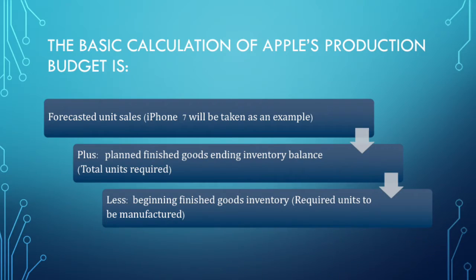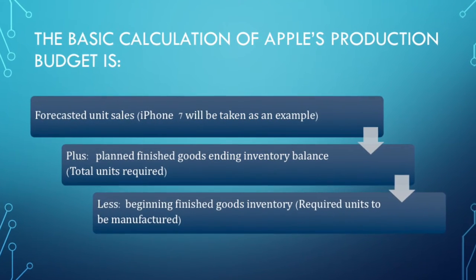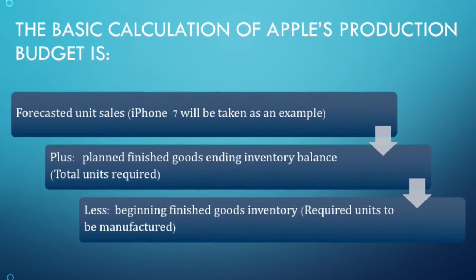The basic calculation used by the direct materials budget is raw materials required for the production plus planned ending inventory balance, which gives us the total raw material required, less the beginning raw materials inventory, which leads to the raw materials to be purchased by Apple to fulfill the production requirement.